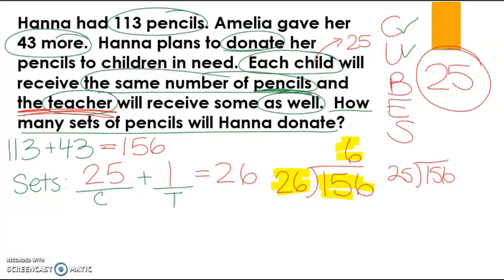If you had done it that way, your answer would have been 6 with a remainder. 25 goes into 156 6 times, and you would have had a remainder of 6. And you would have needed to know that the remaining 6 would have been for the teacher.